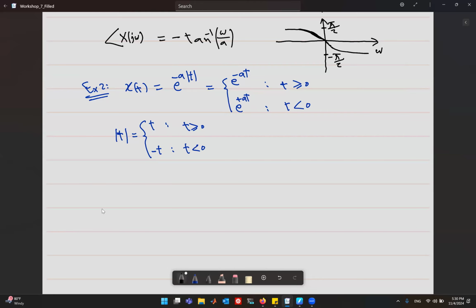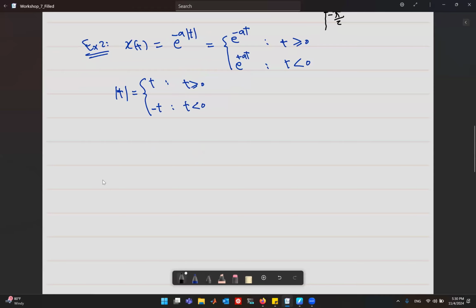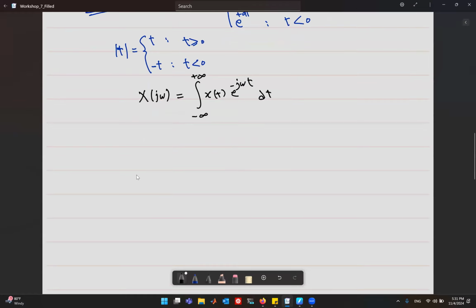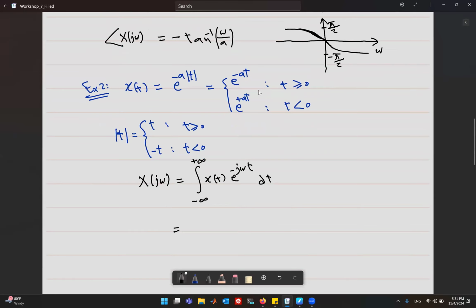Now we'll follow a similar procedure to find the Fourier transform X(j omega) of this signal by doing this integral from minus infinity to plus infinity of x(t) exponential minus j omega t dt. Our signal is defined piecewise. One piece is defined when t is positive, the other when t is negative.